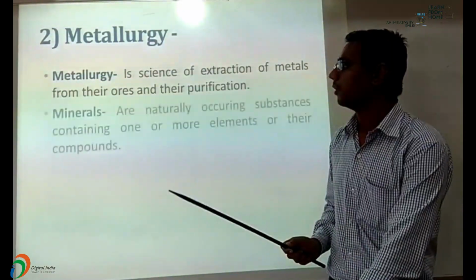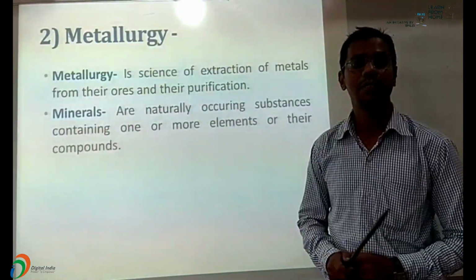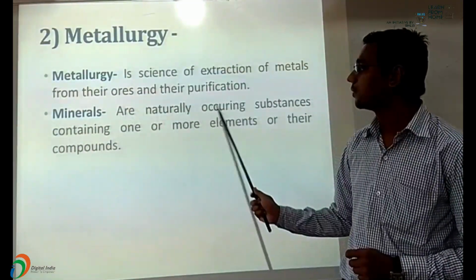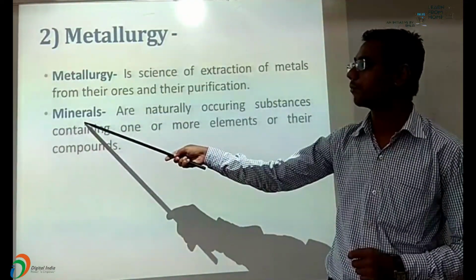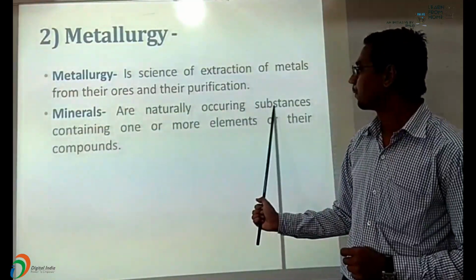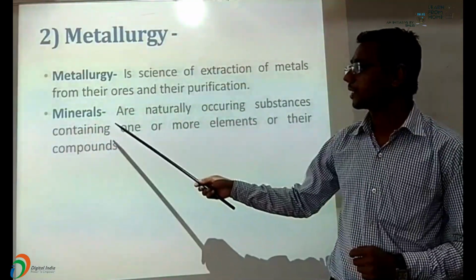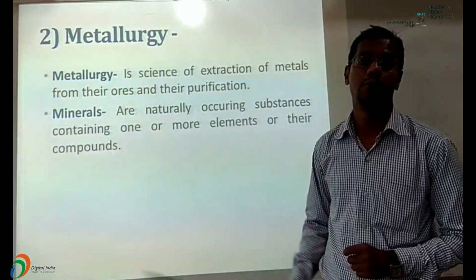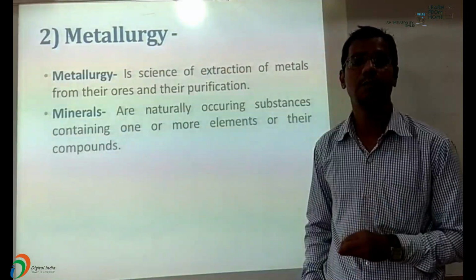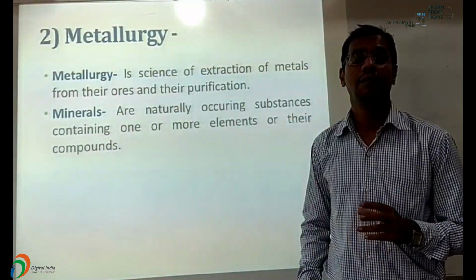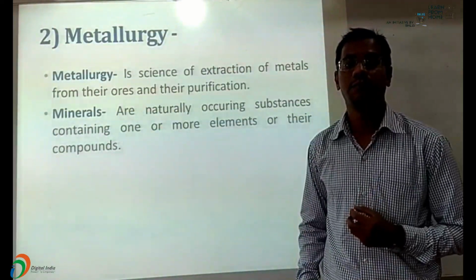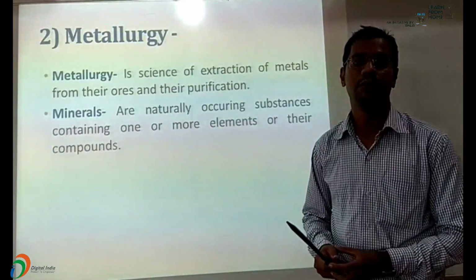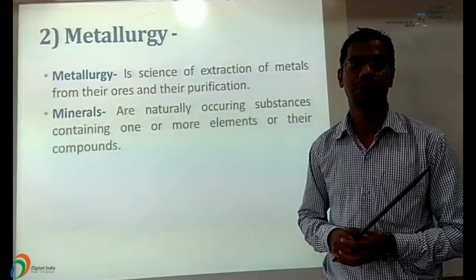So minerals. What is meant by minerals? The word indicates mines. Minerals are naturally occurring substances because they are obtained from mines. They are naturally occurring substances containing one or more elements or their compounds. When they are found in mines, they contain a main component, but along with the main component they also contain other components, and they bind with each other.